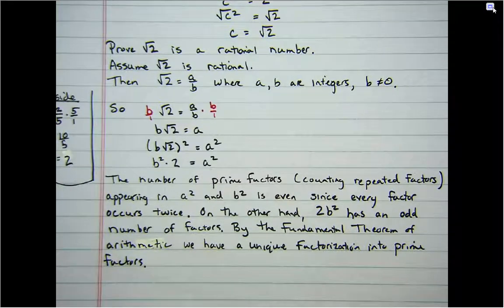Okay, so unique meaning there's only one way to factor. There's only one way to factor a squared. There's only one way to factor b squared times 2. You can't have one prime factorization with an even number of factors and one prime factorization with an odd number of factors be equal, because there is only one prime factorization.